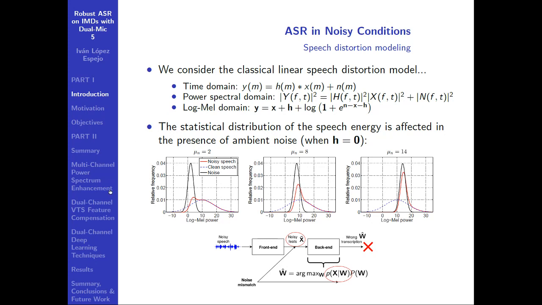As we can see from these graphs, as the noise energy increases, the speech Gaussian distribution is right skewed. If noise energy tends to be comparable to or greater than clean speech energy, the statistical distribution of noisy speech tends to be similar to that of the noise. In other words, speech is masked by noise.